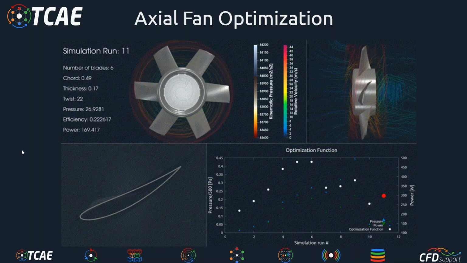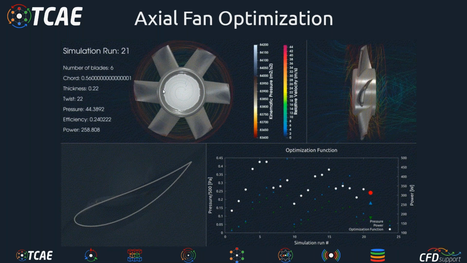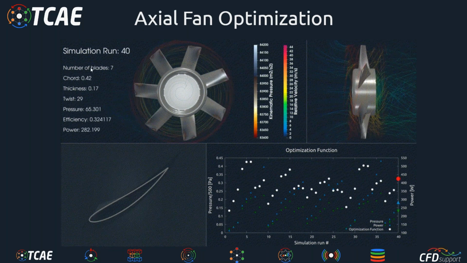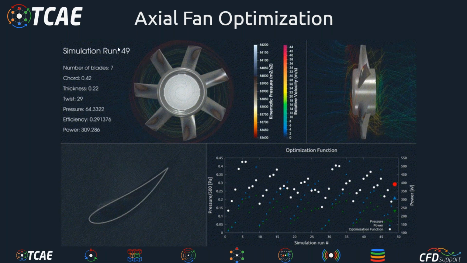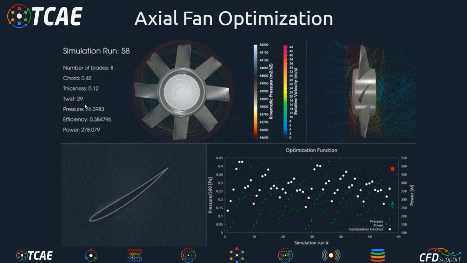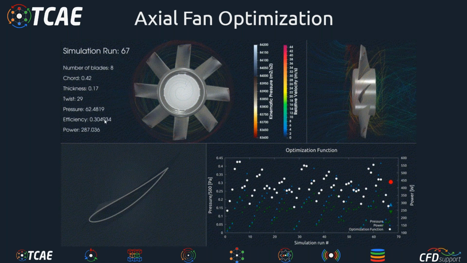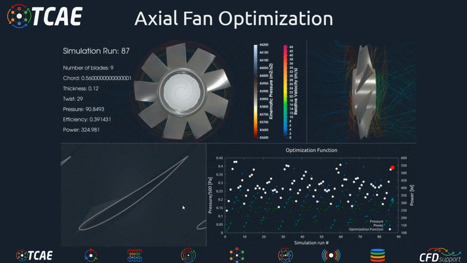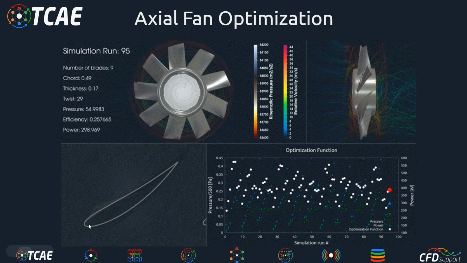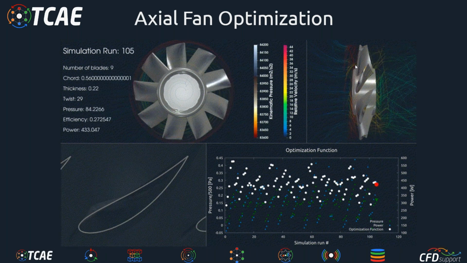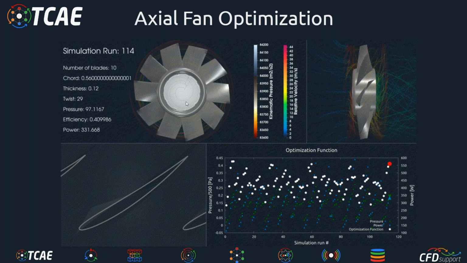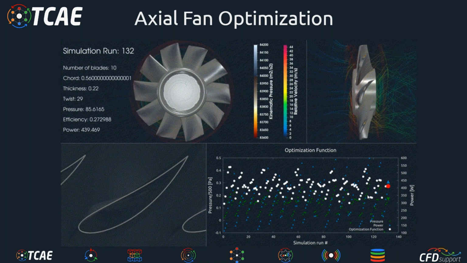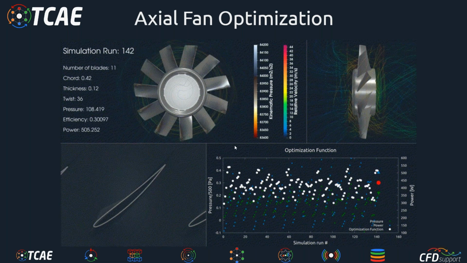Here you can see the animation of how the geometry was changing, how the parameters changed over the simulations, and also how the objective function, which was the efficiency here, was changing. And then here you can see for example the blade profile, the meridional view and front view, and also the optimization function, how it was iterating over time.